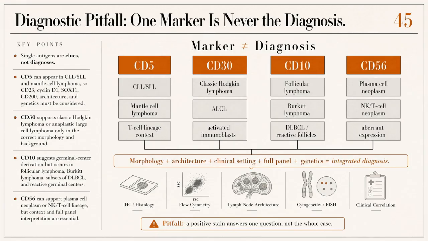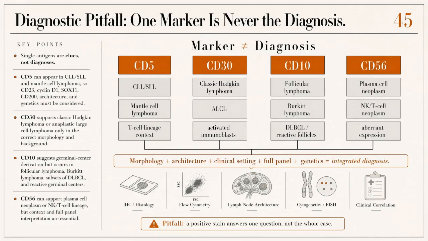Similarly, CD30 is a hallmark marker for classical Hodgkin lymphoma and anaplastic large cell lymphoma, ALCL, but its expression is not exclusive to these entities. Reactive conditions and other malignancies can also express CD30, underscoring the necessity of morphological context in a broader immunohistochemical panel.